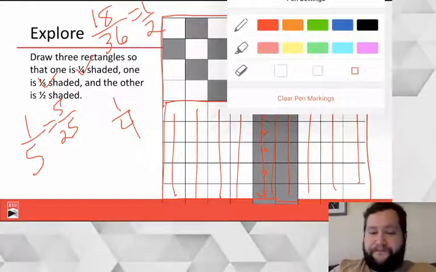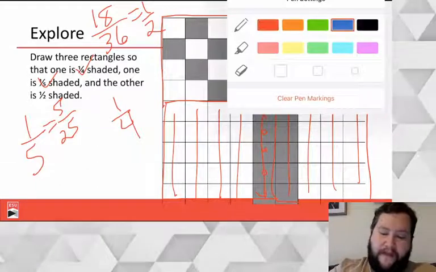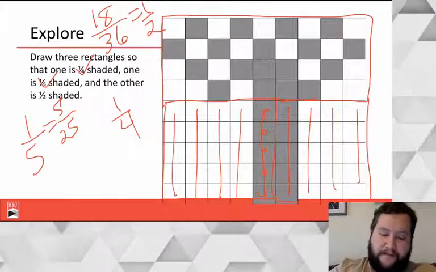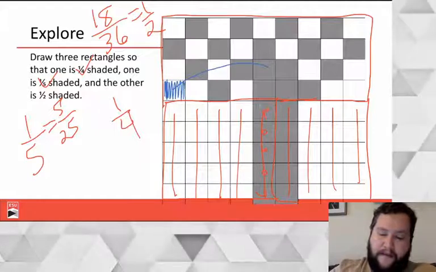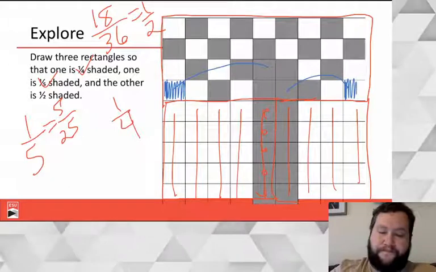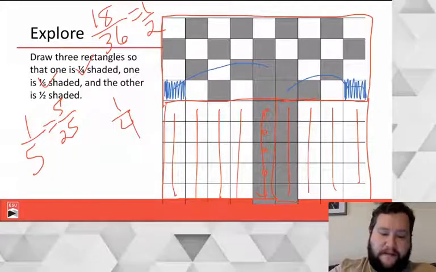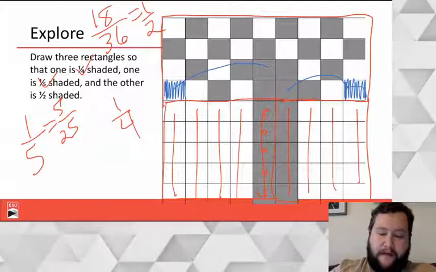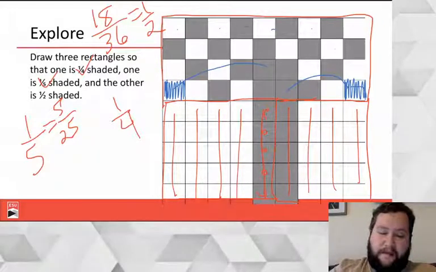How about, I'll use a different color here. If I think about moving this square over here, and then I think about moving this square over here, now when I go through, it alternates. White, black, white, black, white, black, and keep going.